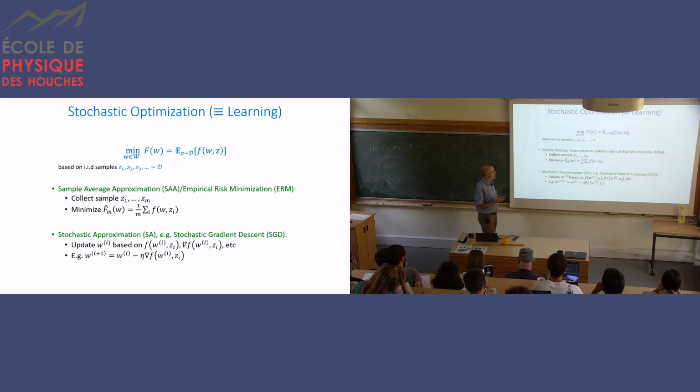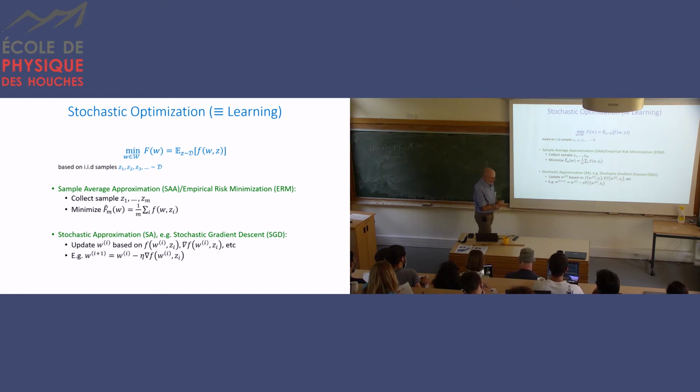Both of these approaches have been studied in the machine learning community and the optimization community, again under different names. What I call empirical risk minimization is called the sample average approximation approach in stochastic optimization. We build a sample average approximation of the objective and minimize it. Stochastic gradient descent is an example of stochastic approximation.